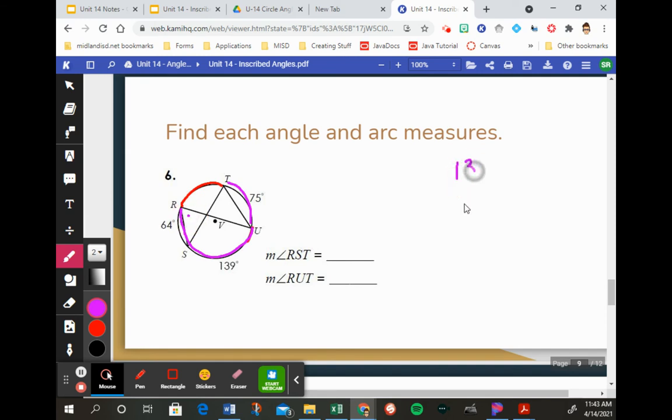So 139 divided by 2 is 69.5. So angle SRU, this one, is 69.5.